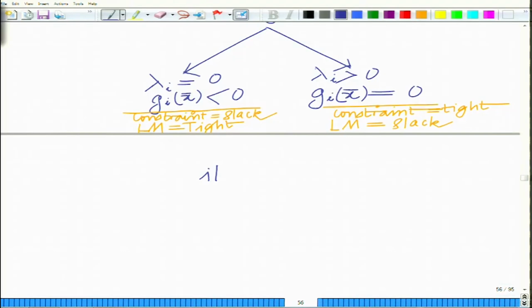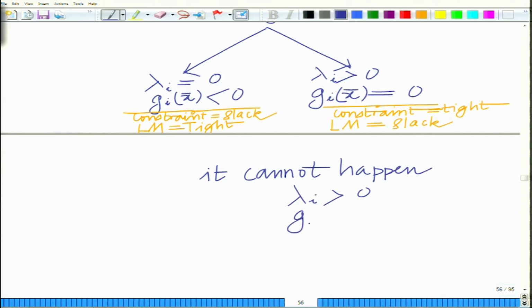It cannot happen that both the Lagrange multiplier and constraint are slack, that is it cannot happen that lambda i is strictly greater than 0 and g i of x bar is strictly less than 0.